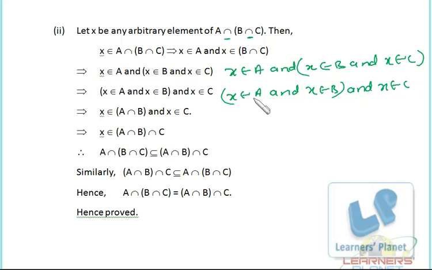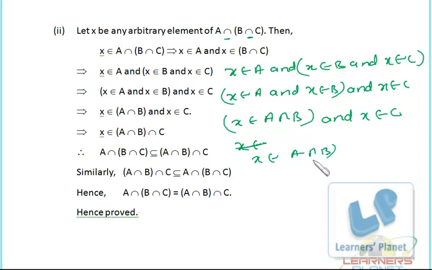That means X belongs to A and X belongs to B. That means X belongs to A intersection B and X belongs to C. That means X belongs to A intersection B, and for this again I put the intersection sign with C, right?